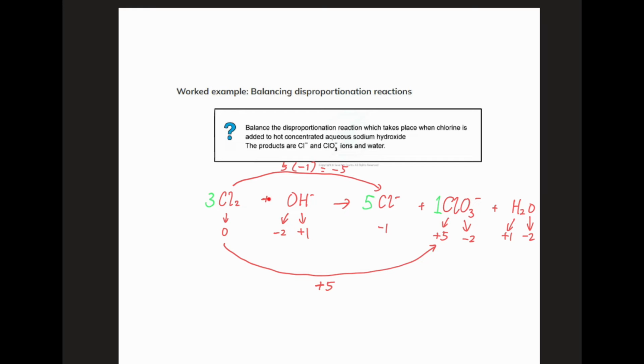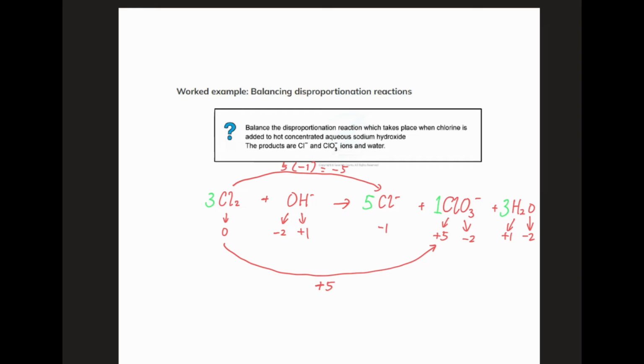If I put 4 here, then the hydrogen will become 4 as well, but here only 2. So I cannot put 4, that is not going to be enough. Let's try with 3 first.